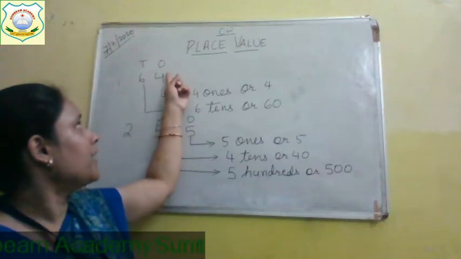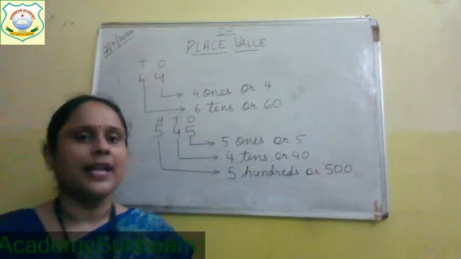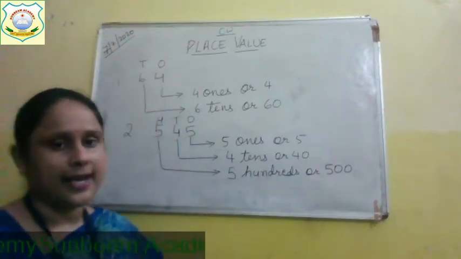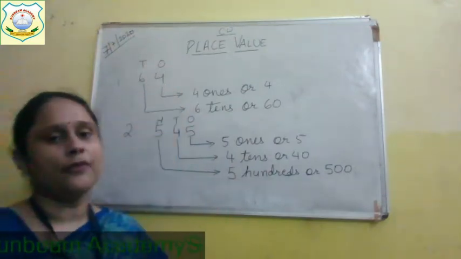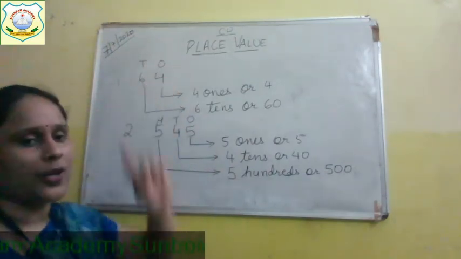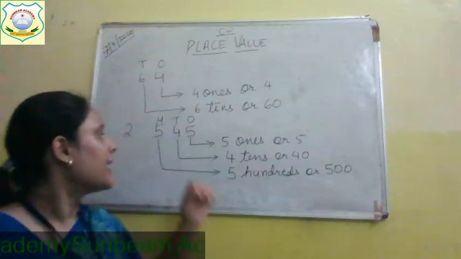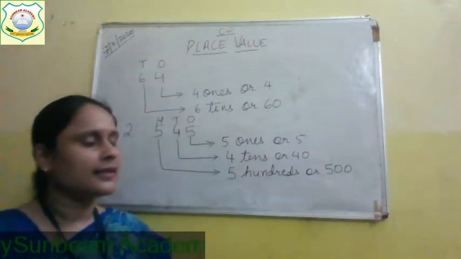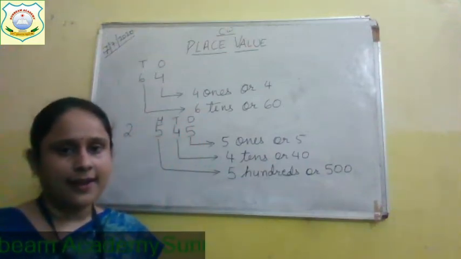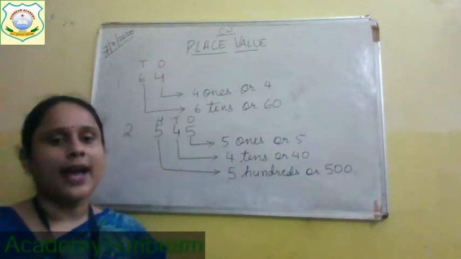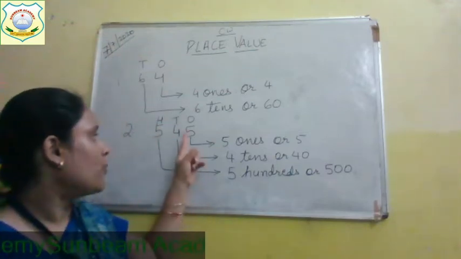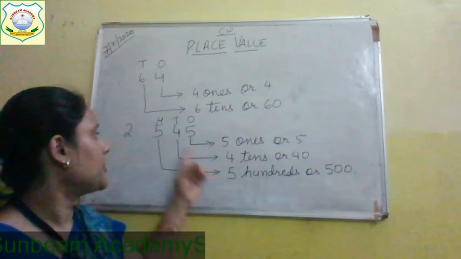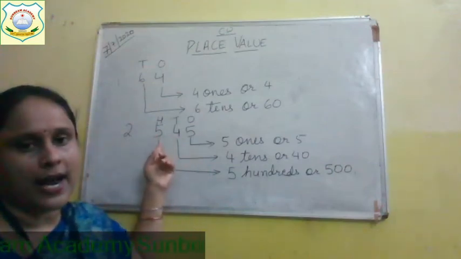One block will be for ones, and then in another block you will write tens. So in one block you will write 4, and in another block you will write 6. In one block you will write ones, then tens, and then hundreds. In the blocks you will write 5, then 4, and then 5.